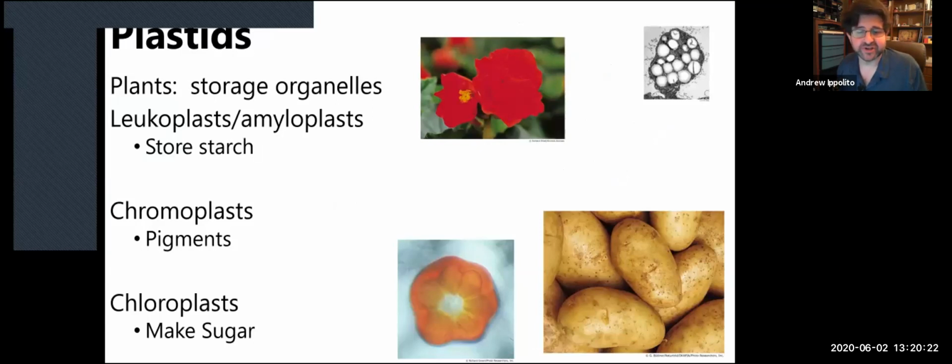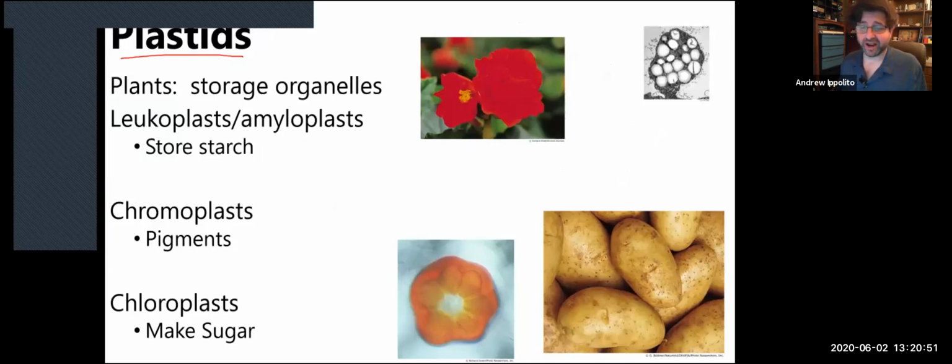All right, and then this is another plant-heavy one called a plastid. Actually, these are unique to plants. A plastid is a storage organelle, and there are different kinds of plastids. A leucoplast or an amyloplast would be those found in potatoes or corn. They store those starch granules we saw when we studied carbohydrates.